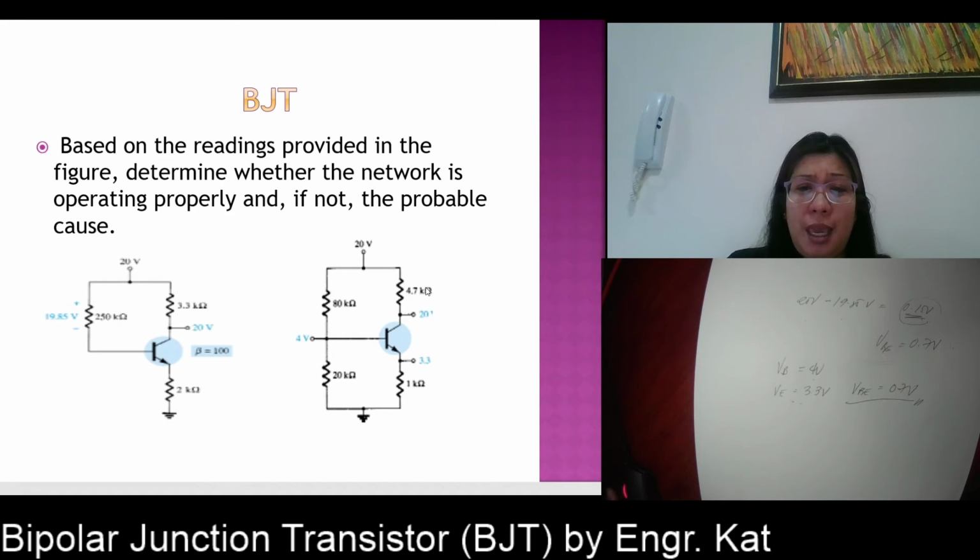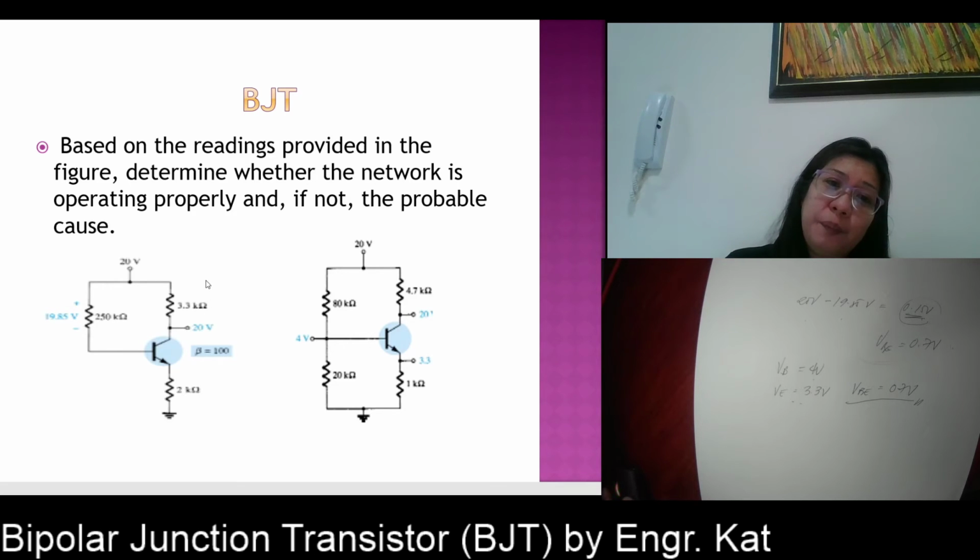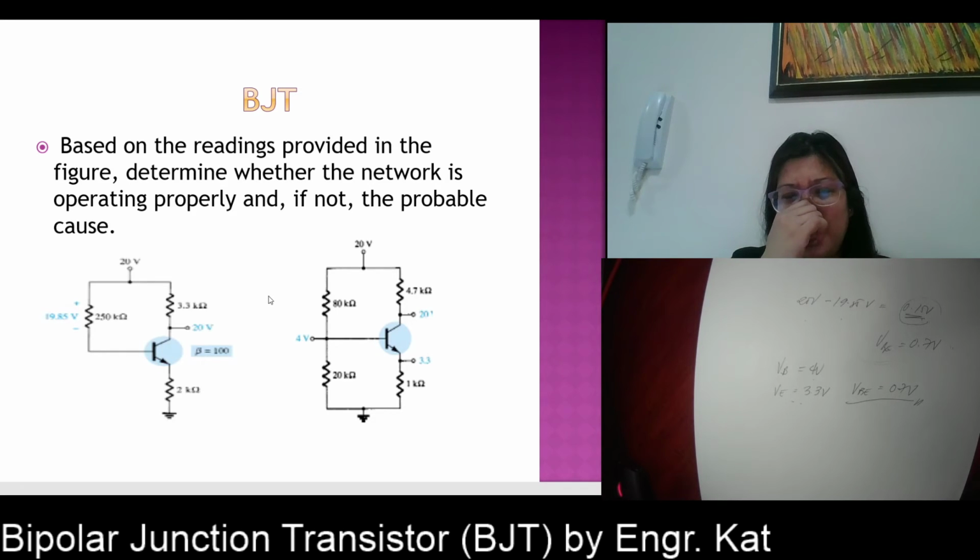So in this case, since IB is functioning well and VE is functioning well, maybe there is just a loose connection. Maybe your RC here is not connected properly with the collector terminal. So unlike in this first case, there is really a problem with your transistor. Okay, so that is how you troubleshoot your circuit.